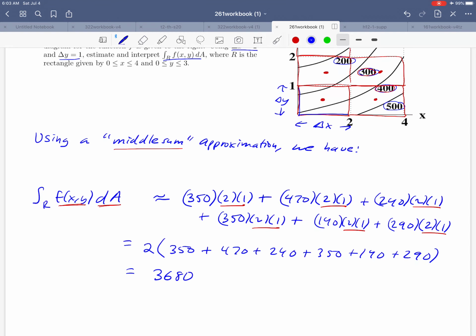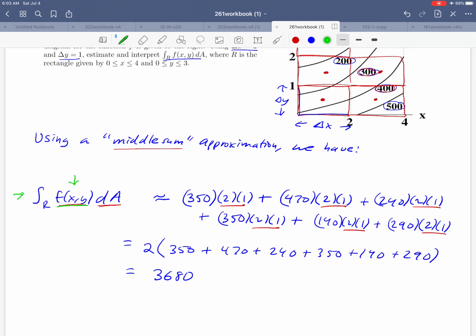Now the question is, what is the meaning of that number? What did we just measure there? Well, we can answer that question by thinking about units. Let's go back up to the integral at the top here and ask what are the units of each of the pieces. So f of xy, that was our density function.